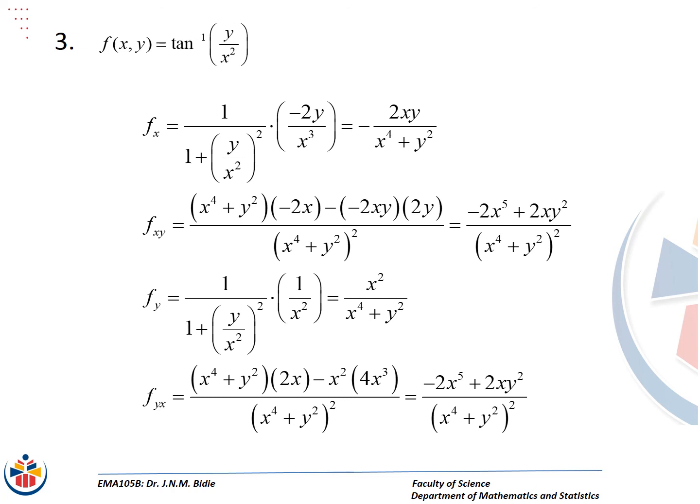Number 3, we have arctan of y over x squared. The first derivative, please check whether I used the definition of the derivative of arctan correctly, as well as the chain rule. Do we really get that solution?